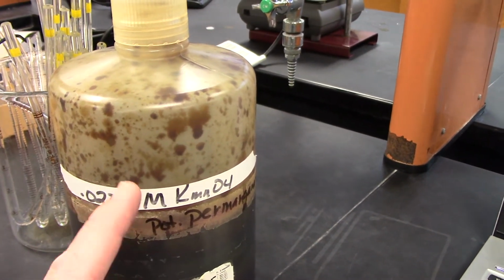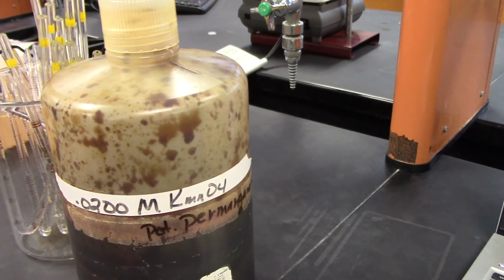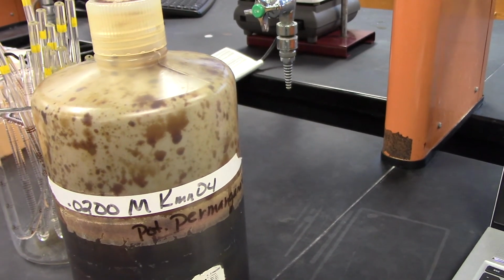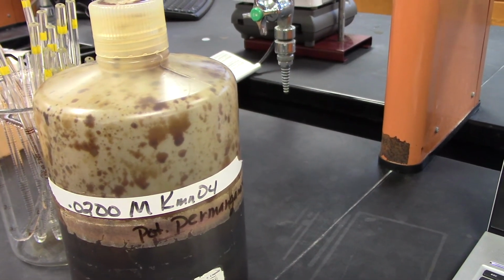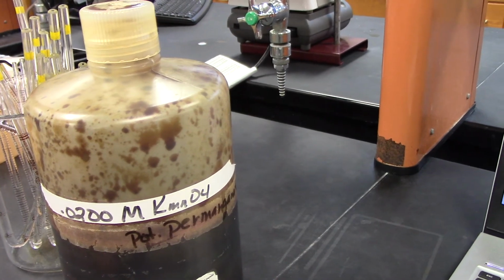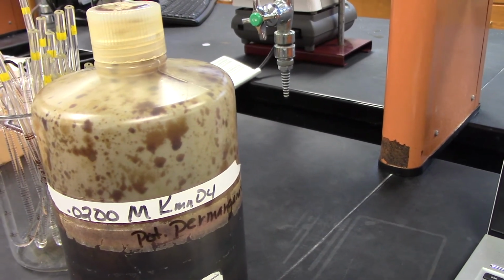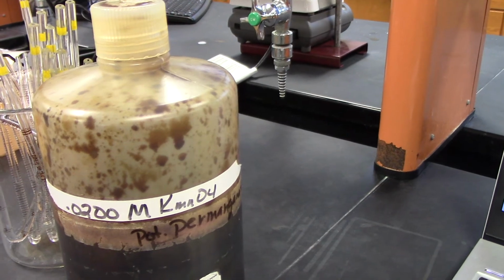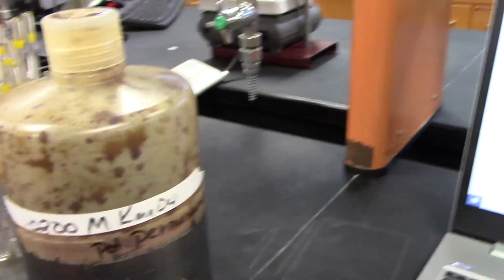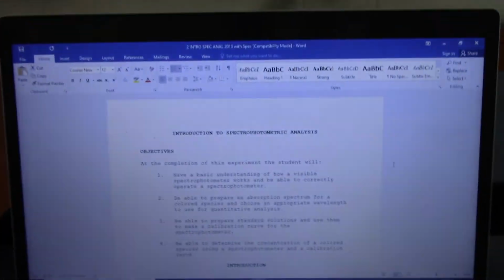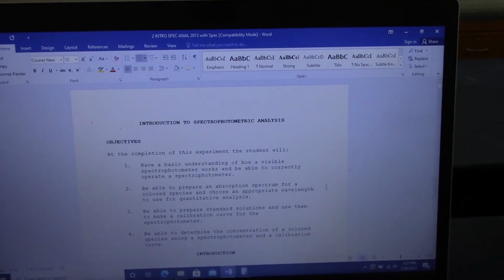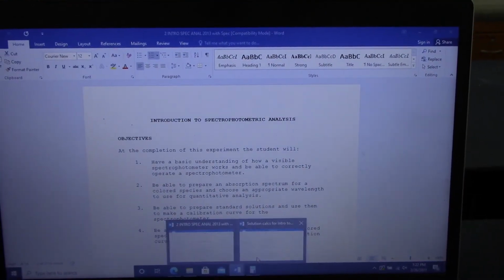We won't be using this as part of our experiment directly, but we will use it to make our experiments. What we're going to do is some simple dilutions, and I'm going to show you the calculations on how we're going to go about doing that.